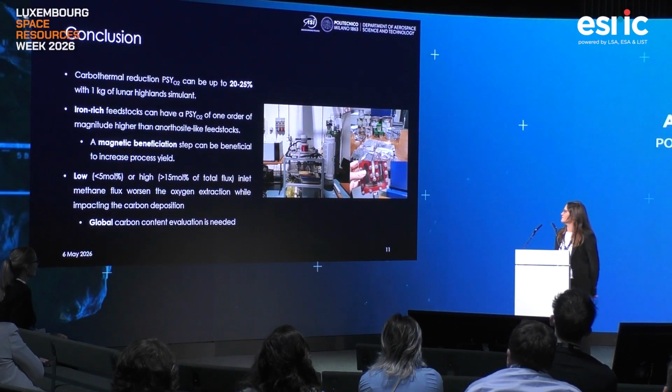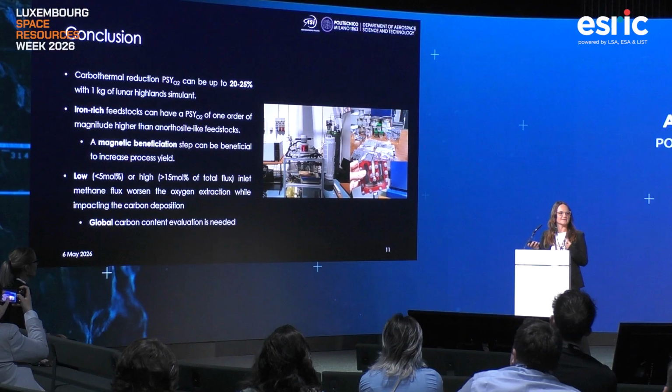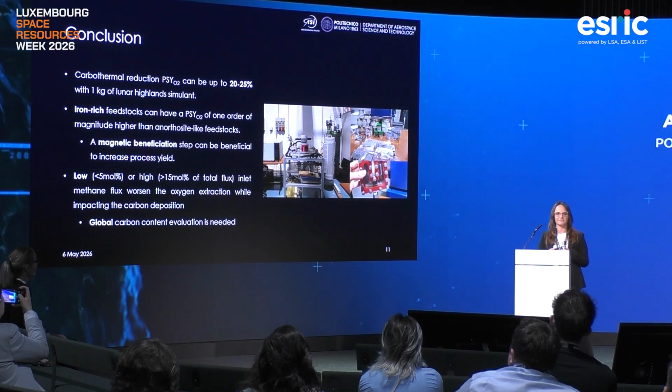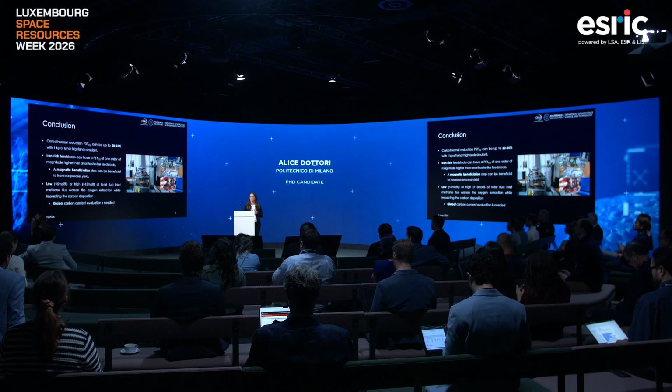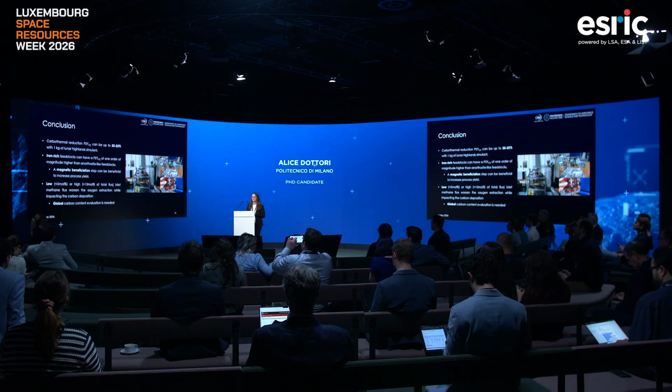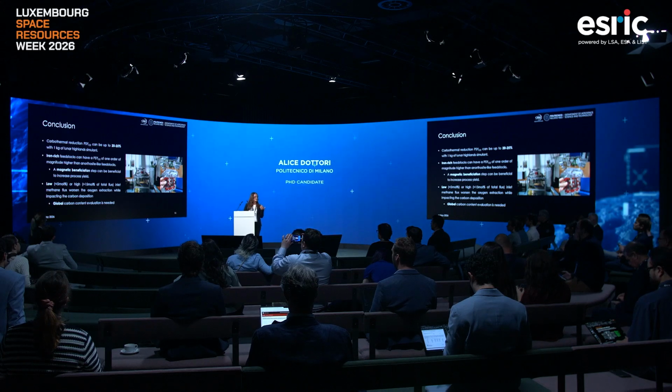So yeah, to conclude, we demonstrated the process also with different materials with respect to the NuLHT. We were able to extract the oxygen no matter the composition, but we discovered that iron-rich materials have the oxygen extraction yield one order of magnitude higher than anorthosite-like.